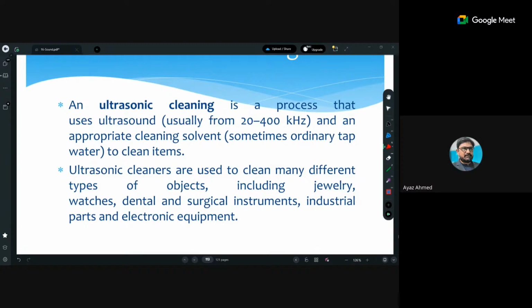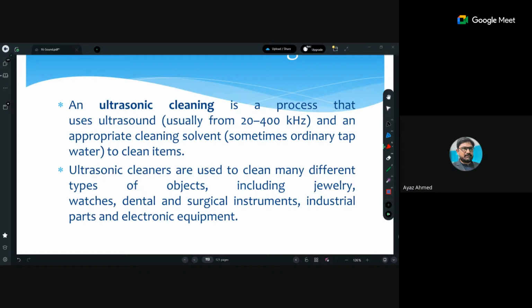Ultrasonic cleaning is a procedure in which ultrasound is incident on objects or materials which are very delicate and can be damaged by mechanical touch.